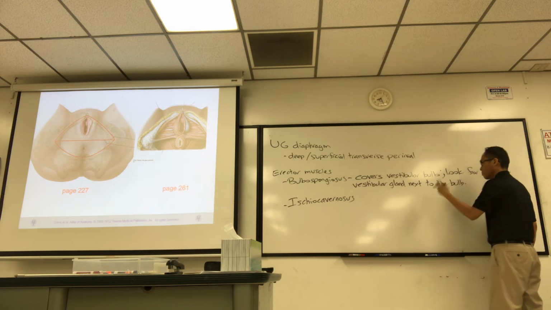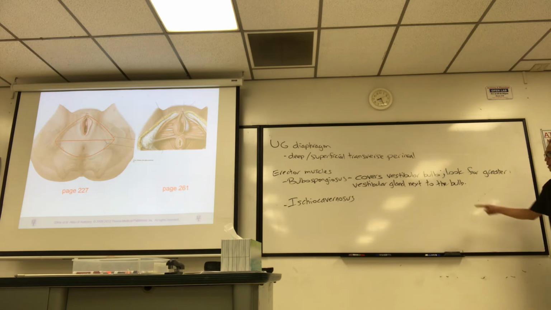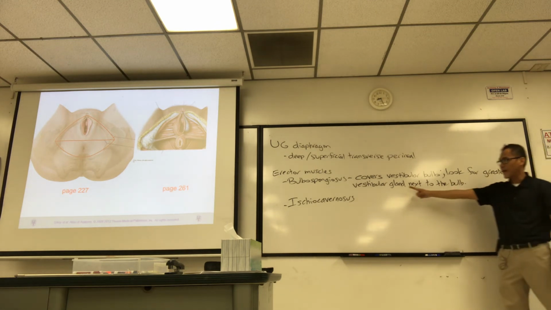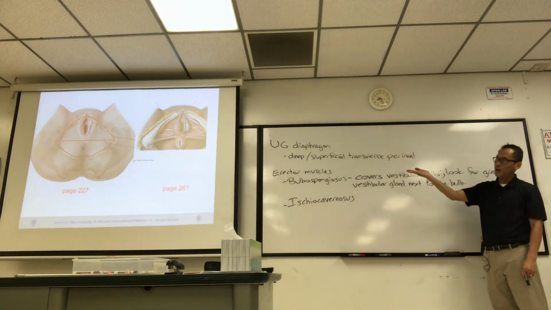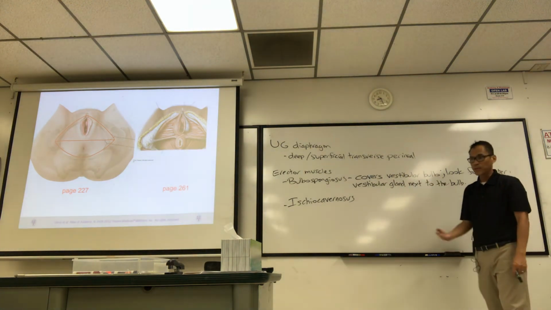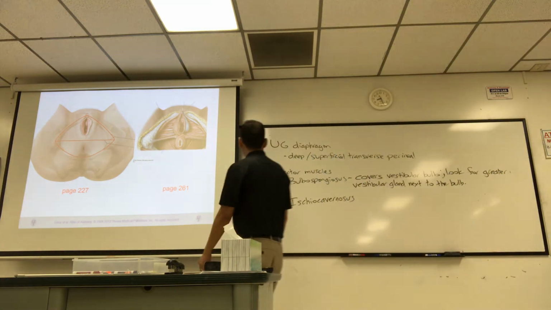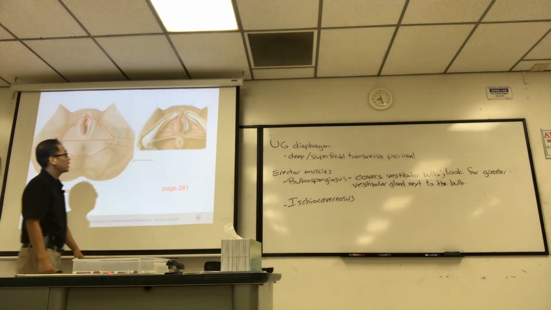I want to teach you the function of the bulb. When it becomes filled with blood, it fills up and compresses the gland. The gland will secrete a lubricant during sex arousal, so it'll lubricate the area for intercourse. So it's important to know that the gland and bulb kind of work together in that way.